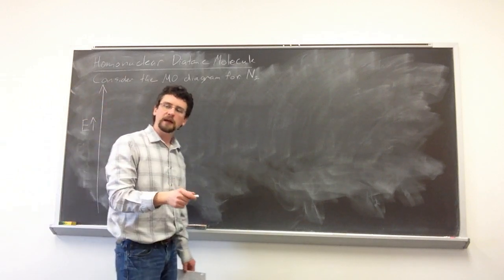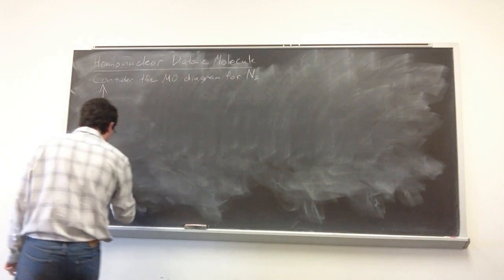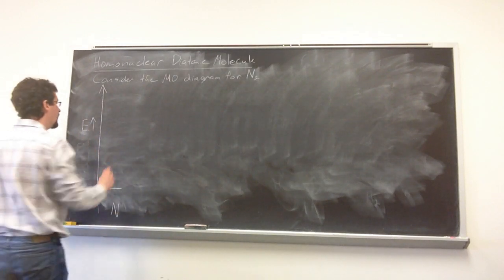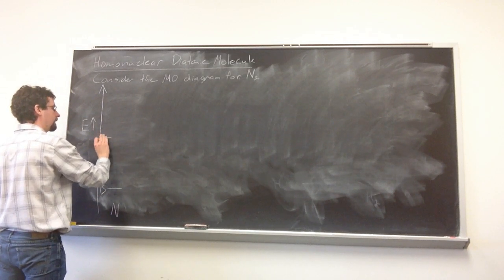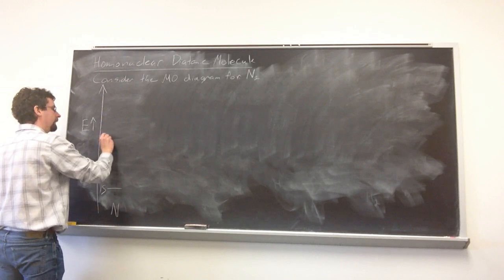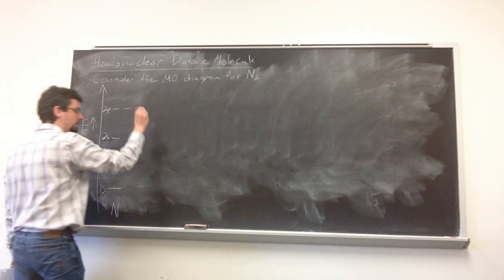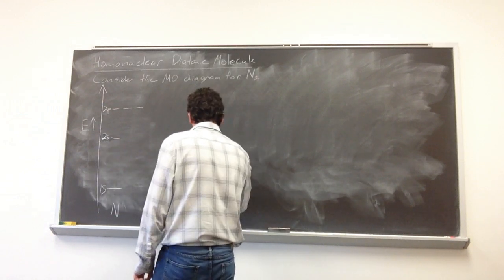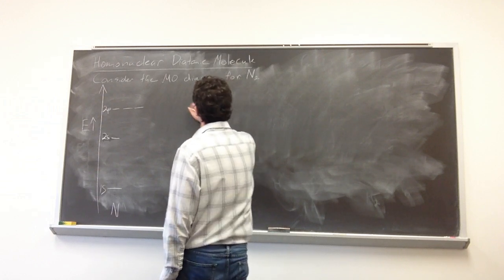If we write out the electron configuration for N2, we have our 1s for nitrogen, then a 2s and 2p, and then another nitrogen fragment, and we want to make sure these orbitals are at the same energy.